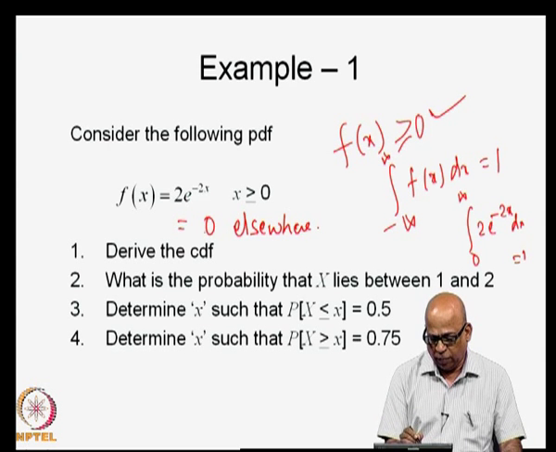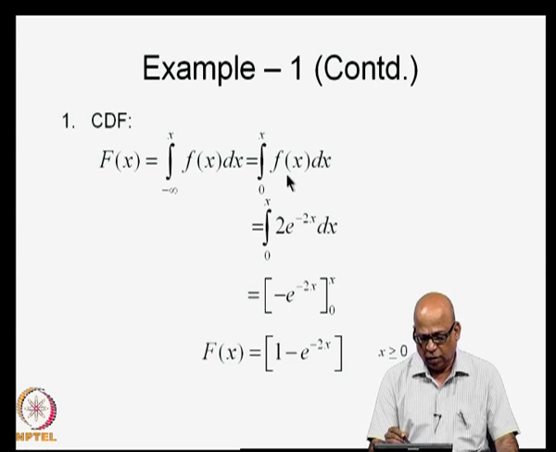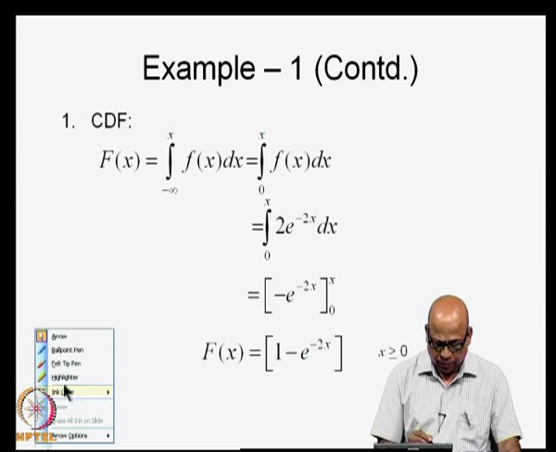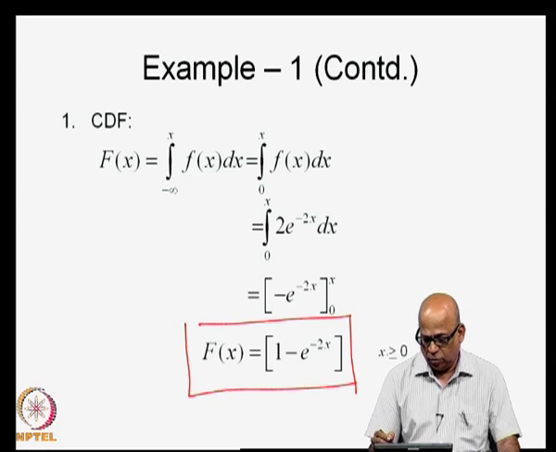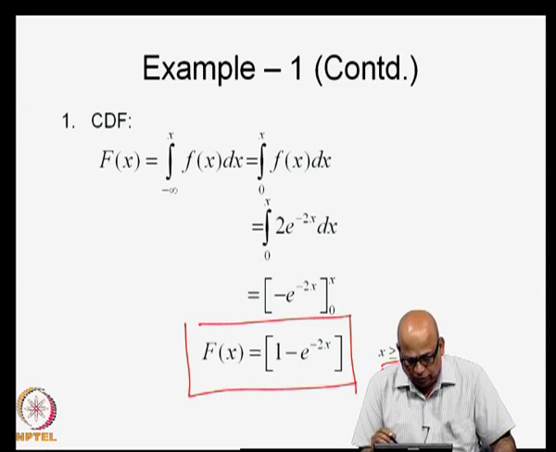So, this f of x will have a value of 0 elsewhere, and therefore, it turns out to be the same as the integral between 0 to x of f of x dx, and it is a very simple integration. You can verify this. You will get F of x is equal to 1 minus e to the power minus 2x, and this is defined for x greater than or equal to 0. So, this is the CDF.